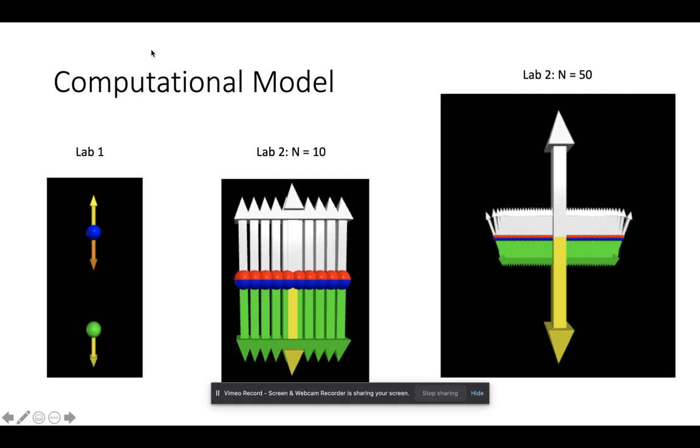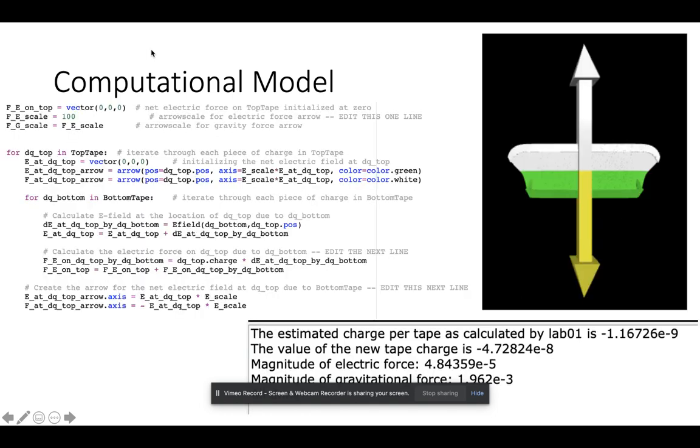This shows the improvement of the model from point charges used in Lab 1, and then there's 10 arrows or 10 charges on the tape in the middle picture, and then 50 in the bottom right picture. Tape B is modeled by the red balls in the two rightmost pictures, and tape A is modeled by the blue balls. The electric field is the green arrows, and the electric force is the white arrows.